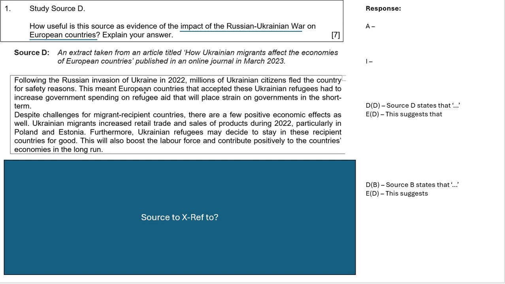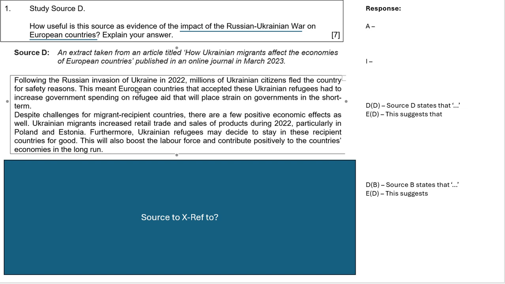First, when you look at the source itself, think about what the source tells you about the impact of this war on European countries. What are the most important details from the source? Let's have a look. You can pause the video if you want to reread the source, but I'm going to just carry on. So what are the details?